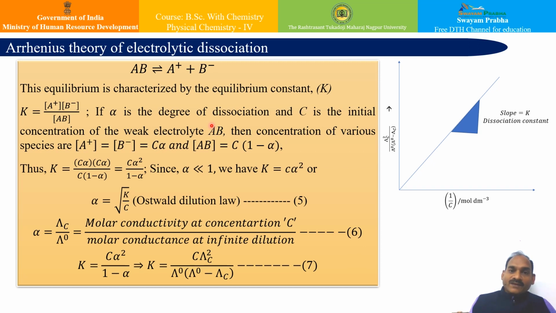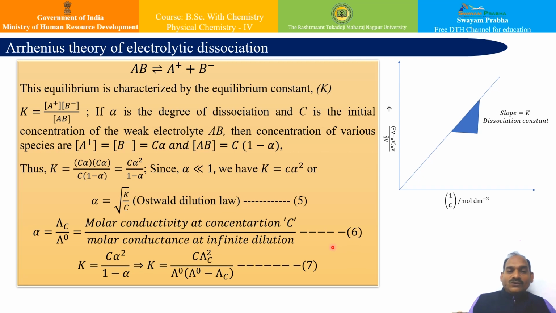Further, what has Arrhenius suggested? Arrhenius has suggested that the degree of dissociation of an electrolyte can be calculated using this particular form, that is equation 6. It says that alpha is the ratio of the molar conductivity at concentration C upon the molar conductance at infinite dilution.